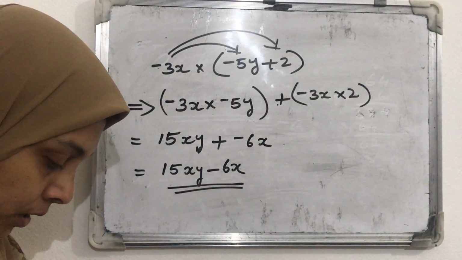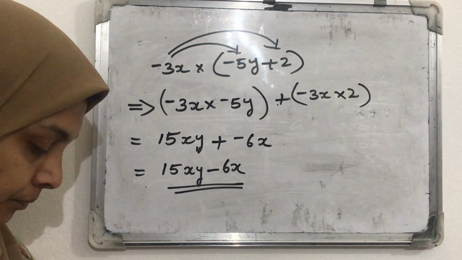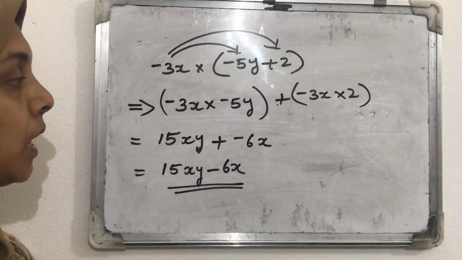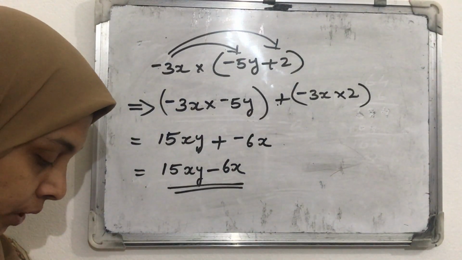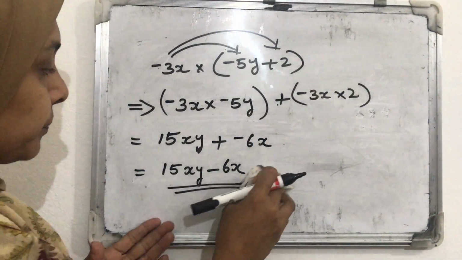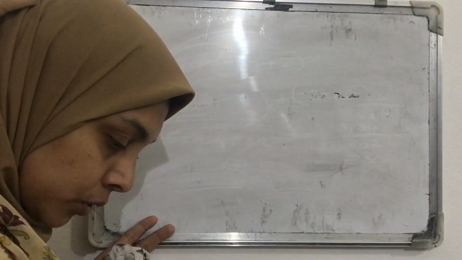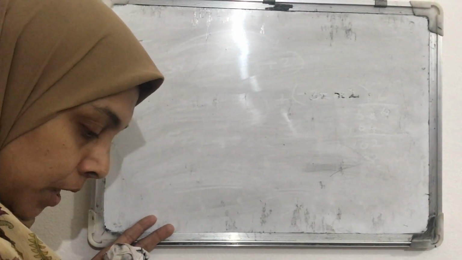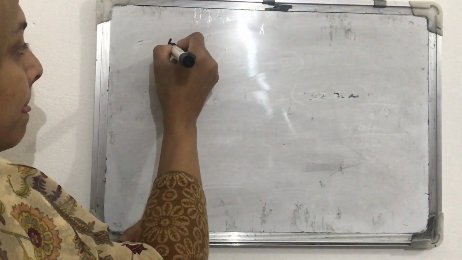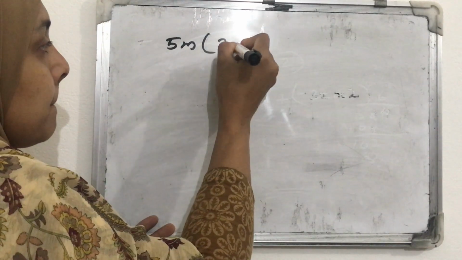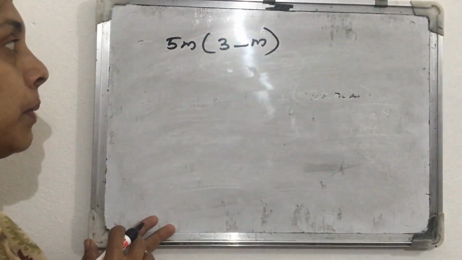So this way we can multiply any binomial with a monomial. Another question, one more question we can discuss. Then the remaining questions we can do very easily. 5m into 3 minus m. How can we multiply this?